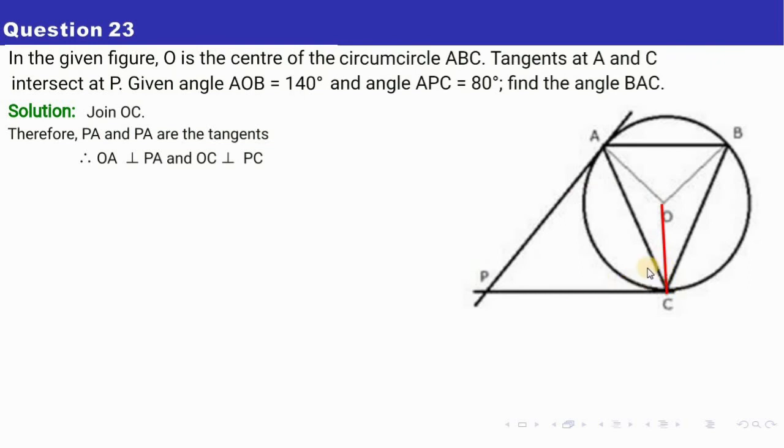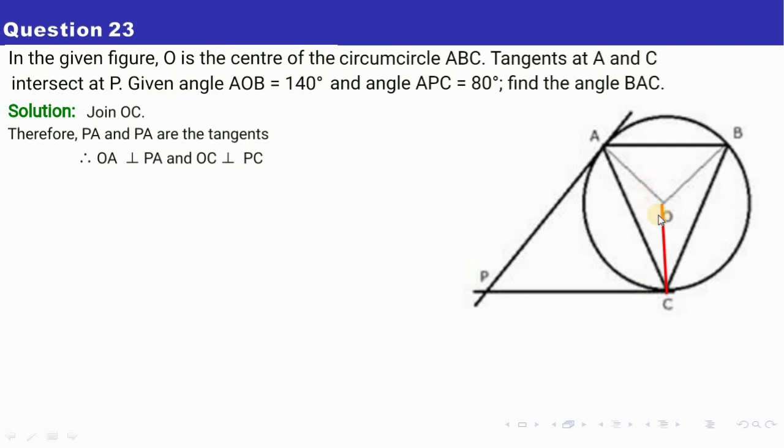So I can say that this angle and this angle will be equal to 90 degree each. And we know that the sum of the angles of a quadrilateral is 360 degree. So if you see this quadrilateral PAOC, we know this angle, we know this angle, we know this angle as well.